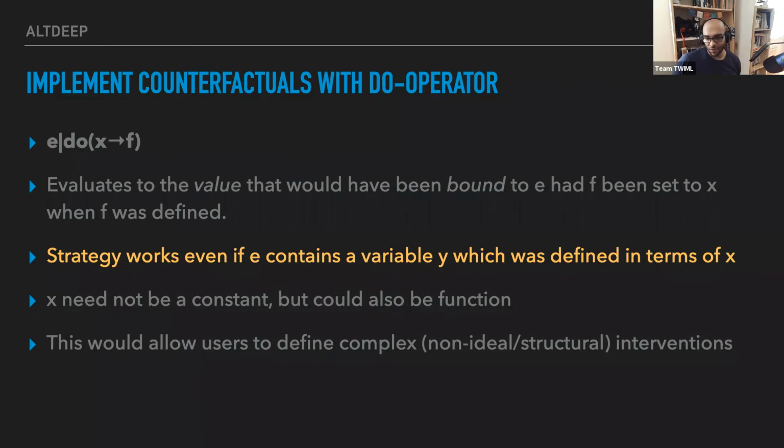I haven't played with Julia before, but after this paper, I kind of want to. They also make the point that one thing that's cool here is that usually in Pearl-style interventions, you set a value to a constant. Say, I'm going to intervene on the system: this is a random variable, and I'm going to set it to the value 1.